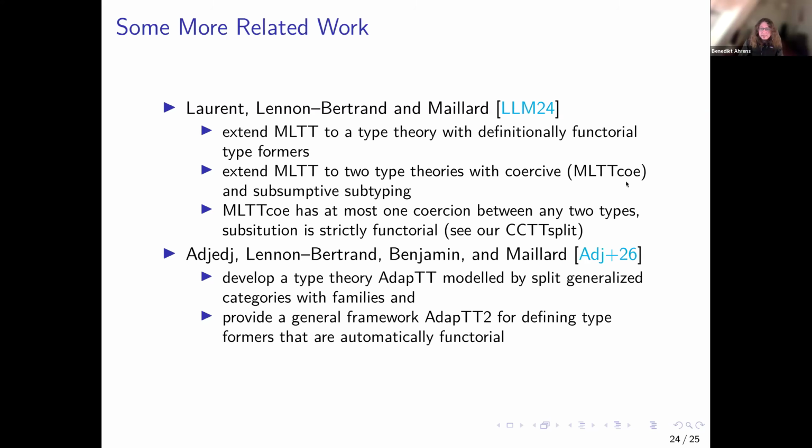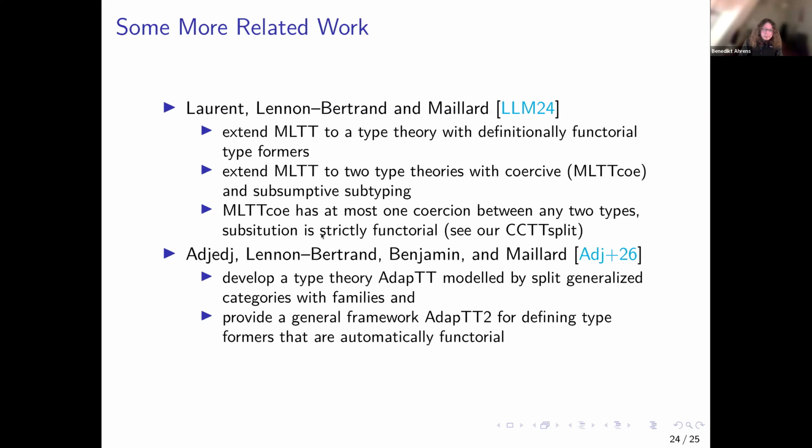In particular, one of these type theories they call MLTT COE for coercive. So this is a type theory with coercive subtyping that looks a bit similar to our type theory. One difference is that they allow at most one coercion between any two types. So they don't keep track, so that there cannot be a choice of coercion function. And substitution is strictly functorial.